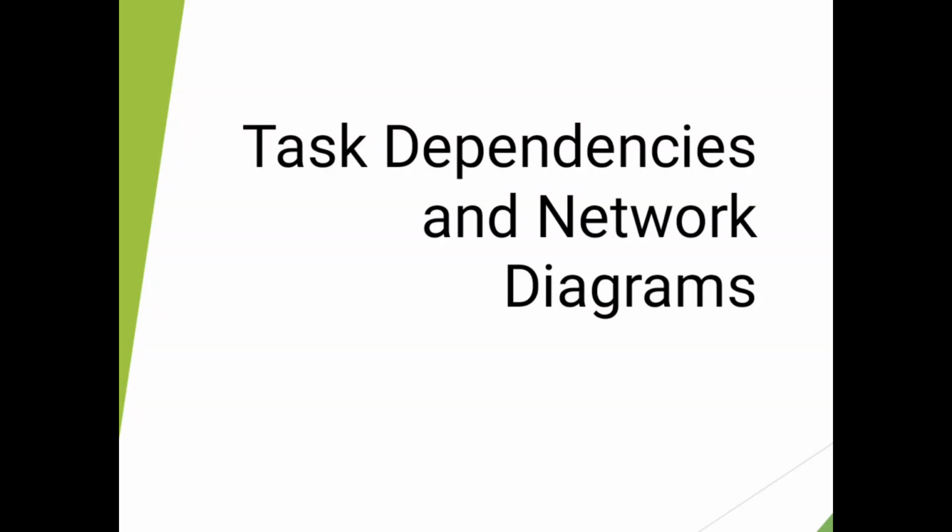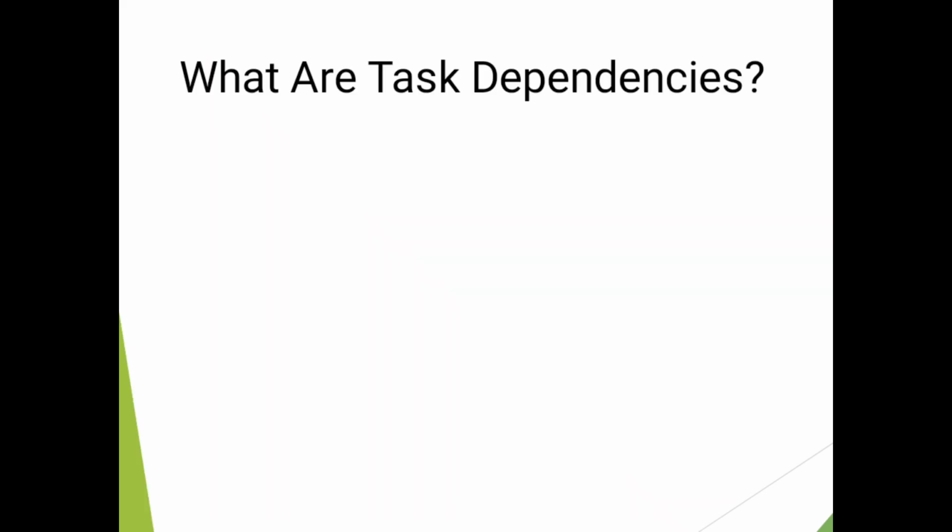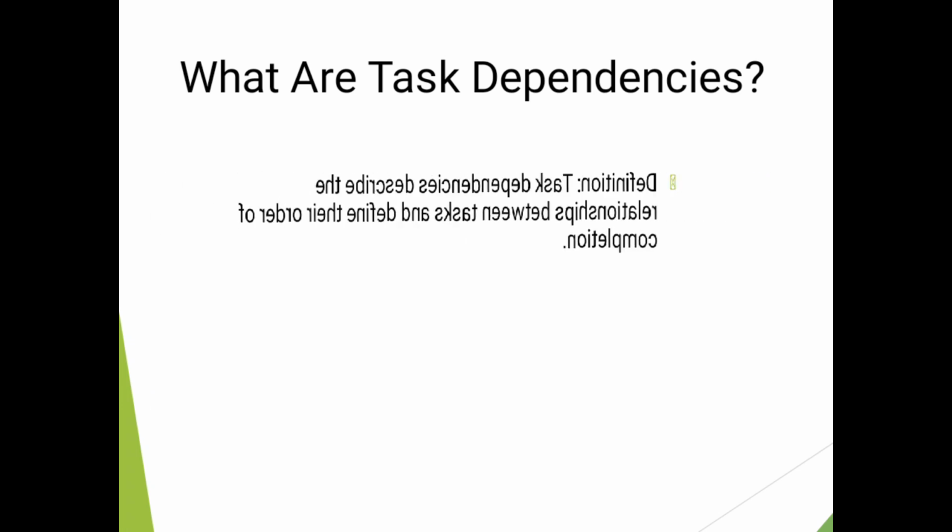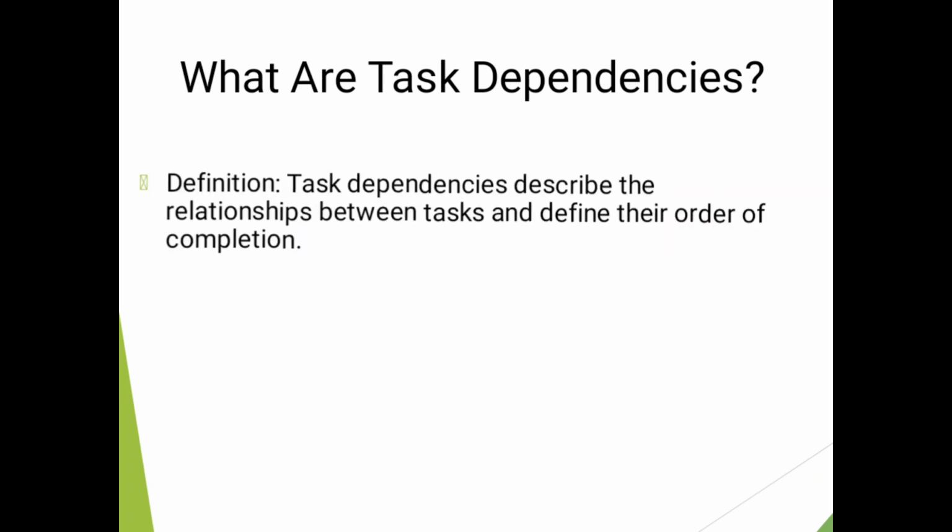Let's discuss task dependencies and network diagrams. If we're talking about task dependencies, we need to understand their definition. They describe the relationship between tasks and define their order of completion.